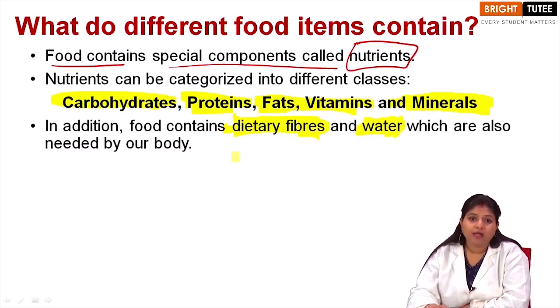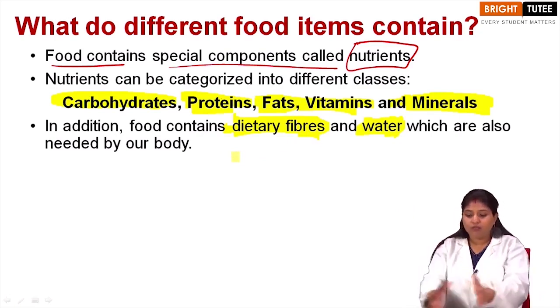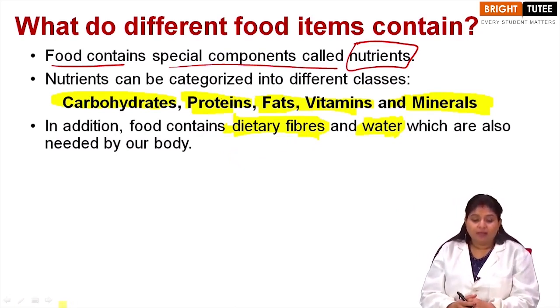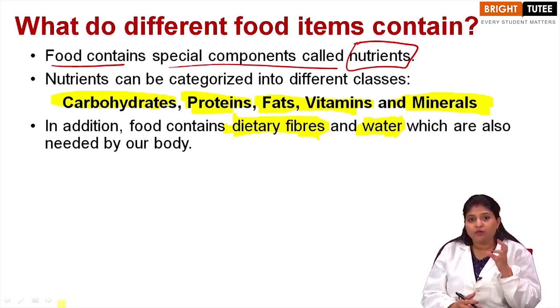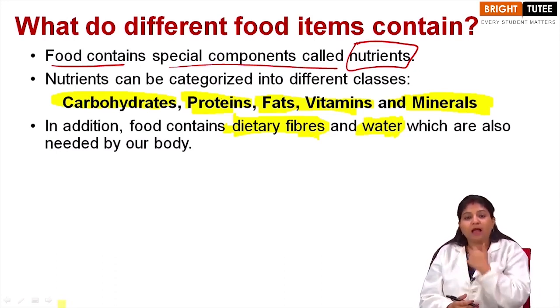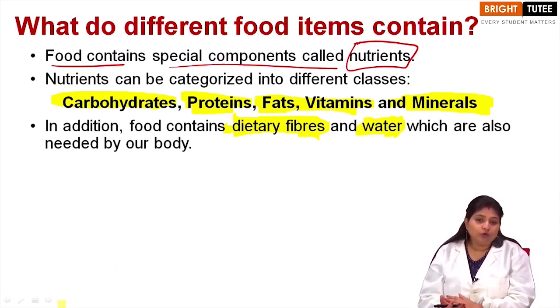Now when I say that a food material contains all these components, you might think, if I'm talking about rice, does rice contain all of this? That means whether it contains carbohydrate, protein, fat, or a combination of two or more nutrients.